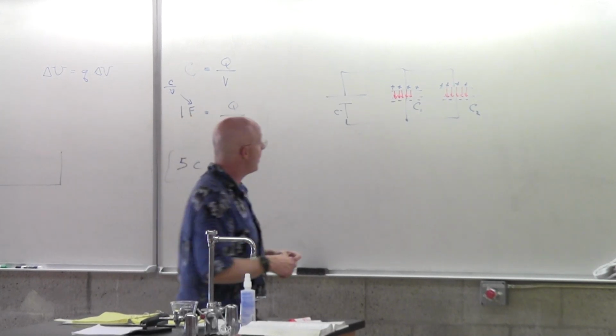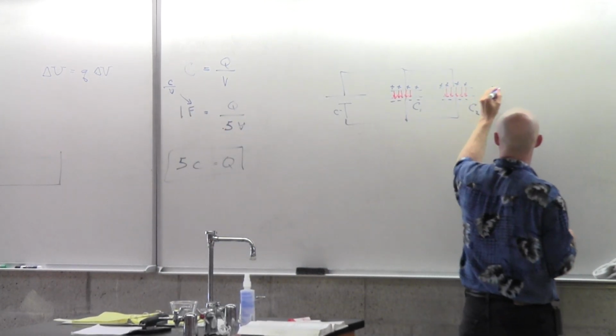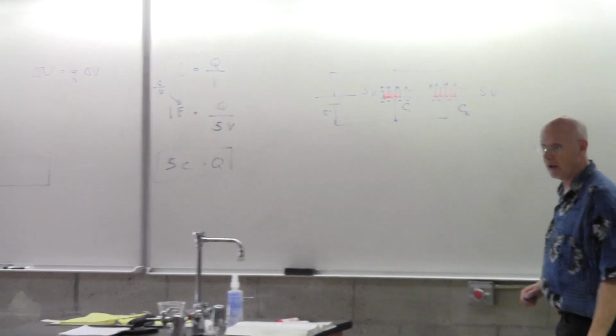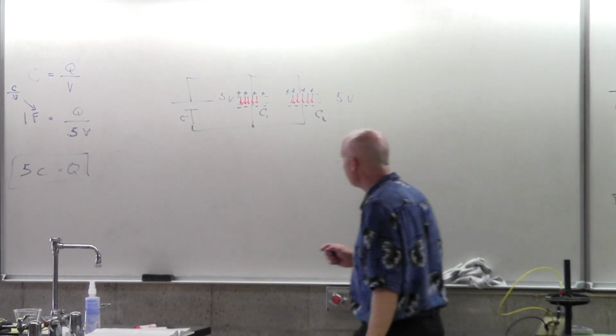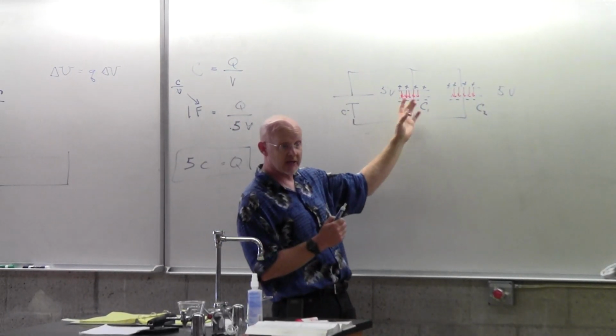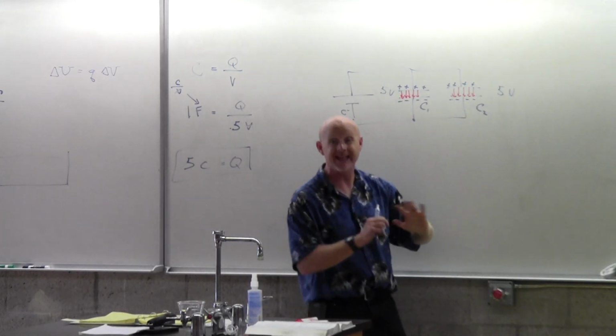If we let this keep going, eventually this will build up to 5 volts, and this will build up to 5 volts. They will have the same voltage. And then the 5 volts that is pushing out to here can't go any more this way because it's blocking it, and can't go any more that way, and it's done.